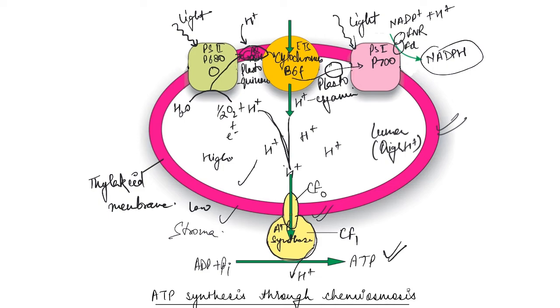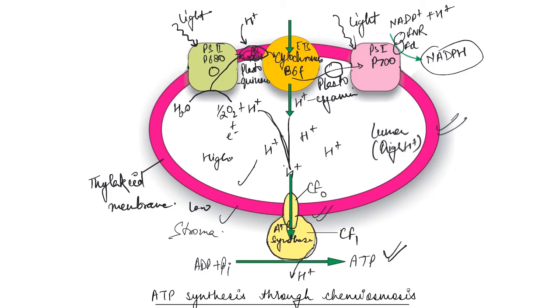So the energy is used to pump protons across the membrane, which creates a gradient, or a high concentration of protons within the lumen of the thylakoid. And then the ATP synthase has a channel that allows diffusion of these protons back across the membrane. Again, this releases enough energy to activate the ATP synthase enzyme, and that catalyzes the formation of ATP.